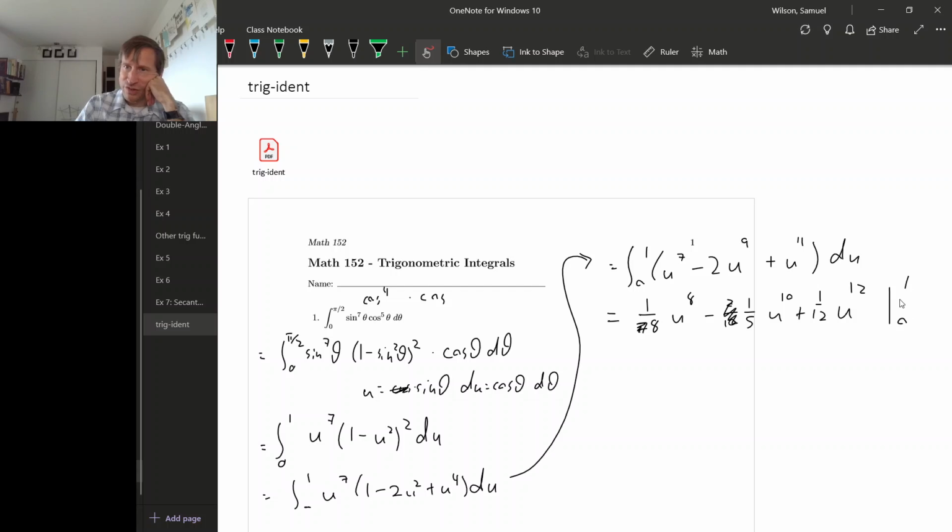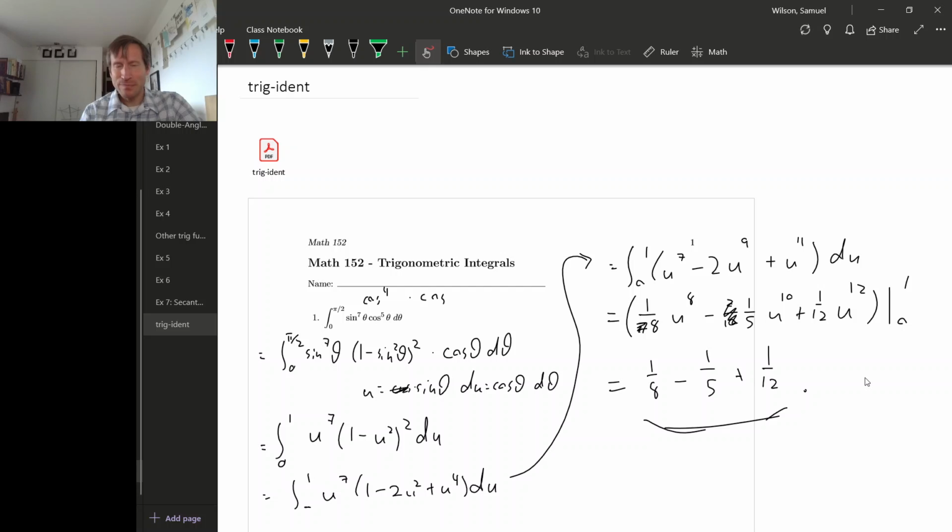And we're going from 0 to 1. Since this is a polynomial with no constant term, when we plug in 0, we get 0. So let's plug in 1. We get 1 over 8 minus 1 over 5 plus 1 over 12. So whatever that comes out to be, I'll let you work out that fraction arithmetic on your own. I think it's something like 1 over 120 or something.